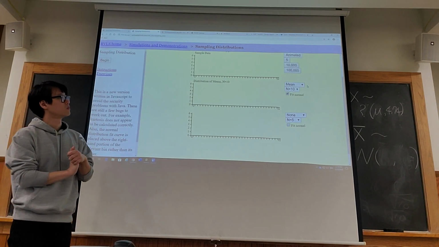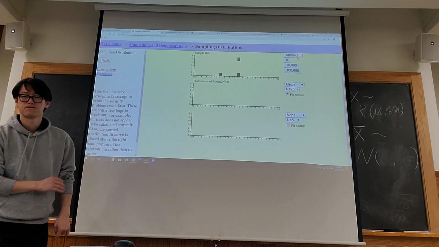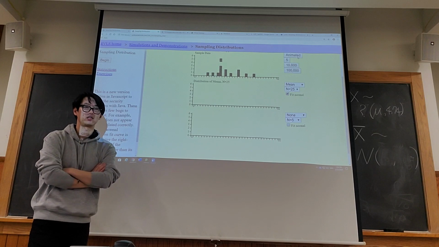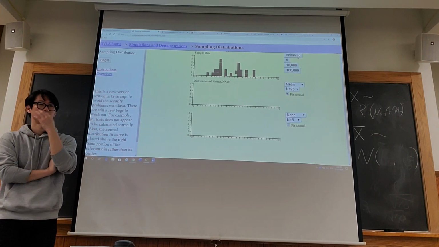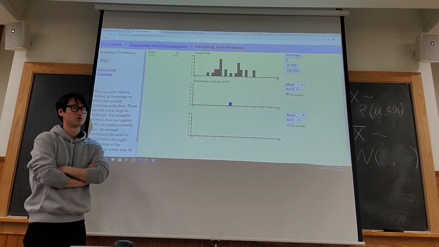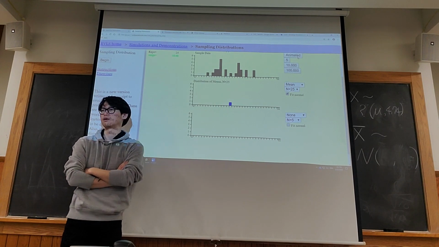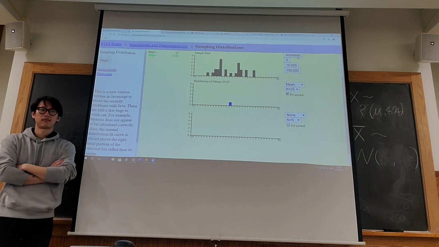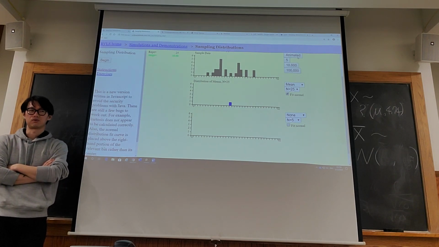What you do is just go to the street, grab 20 students, ask their height, and then this is their height, and then you calculate the sample mean of these 25 students. Can you estimate the mean of the population?